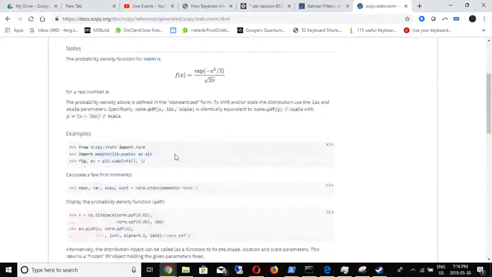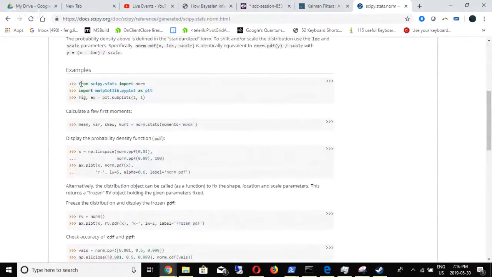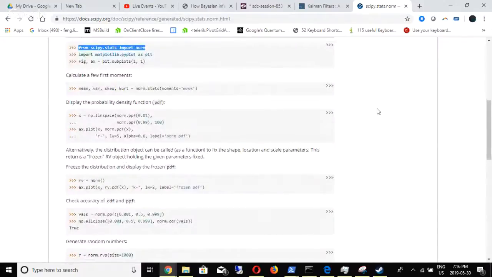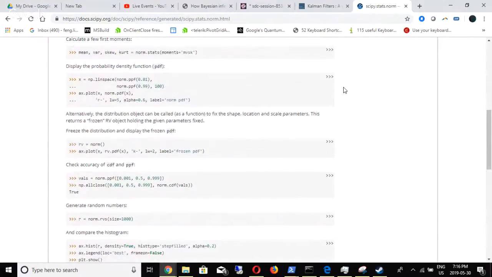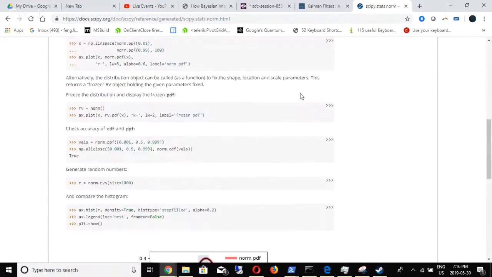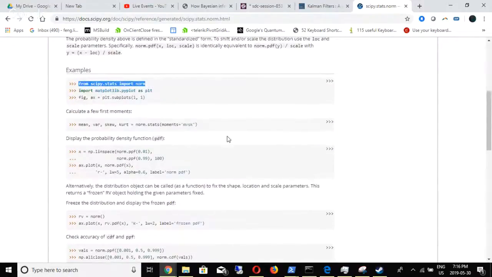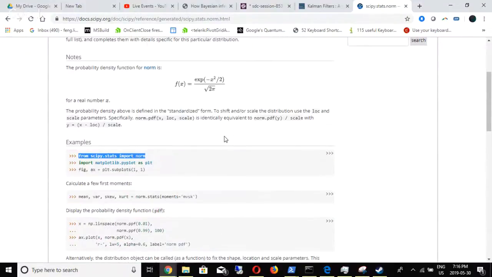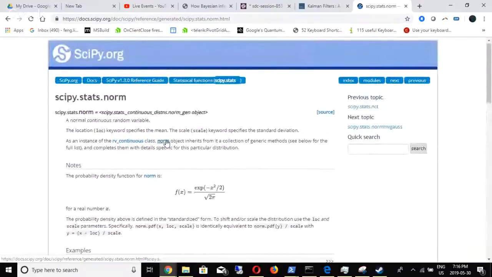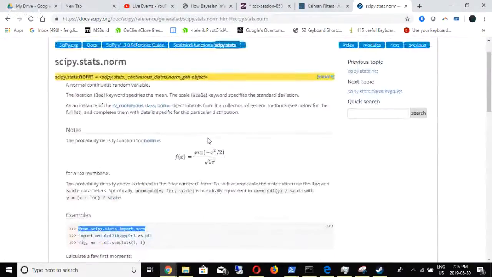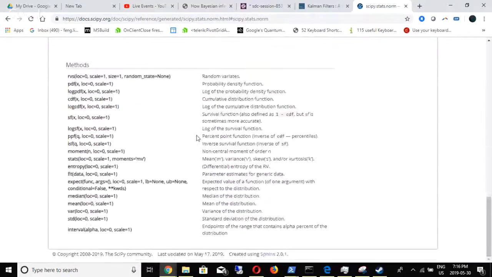All right, let's look at this: from scipy.stats import norm, and then the pdf.